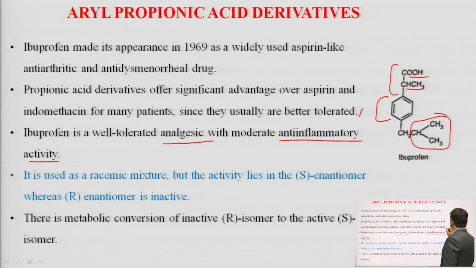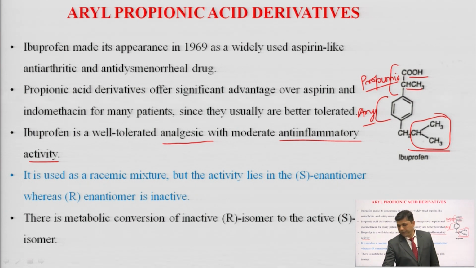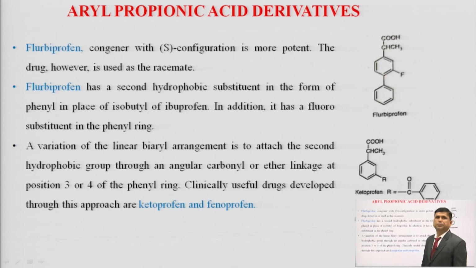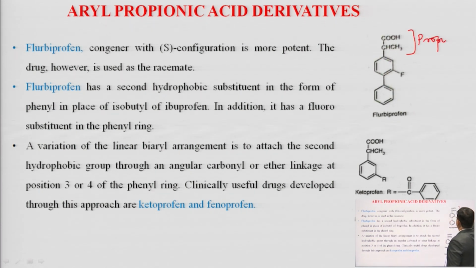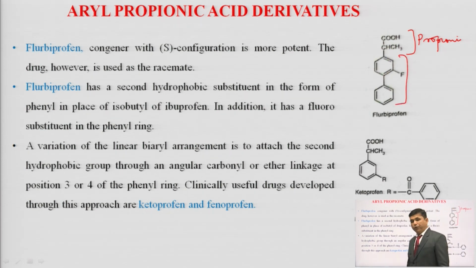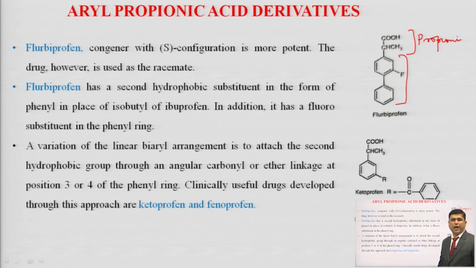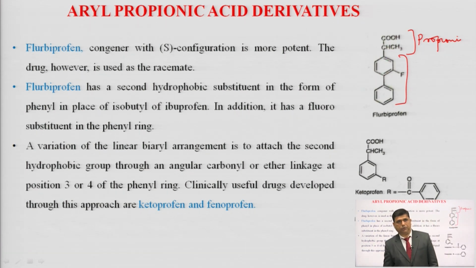In flurbiprofen, there is propionic acid and a biphenyl ring with fluoro substitution, and it is used in the S configuration because the S configuration is more active than the R configuration.